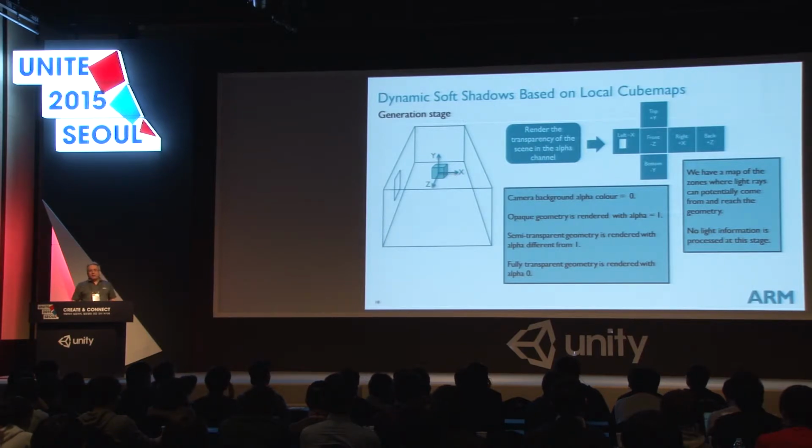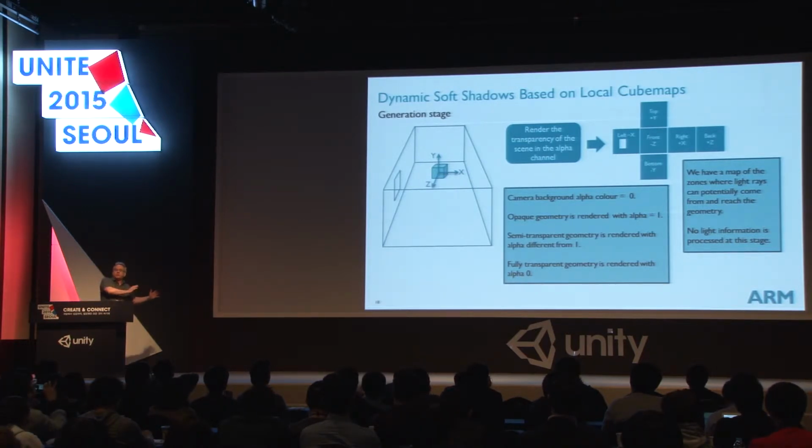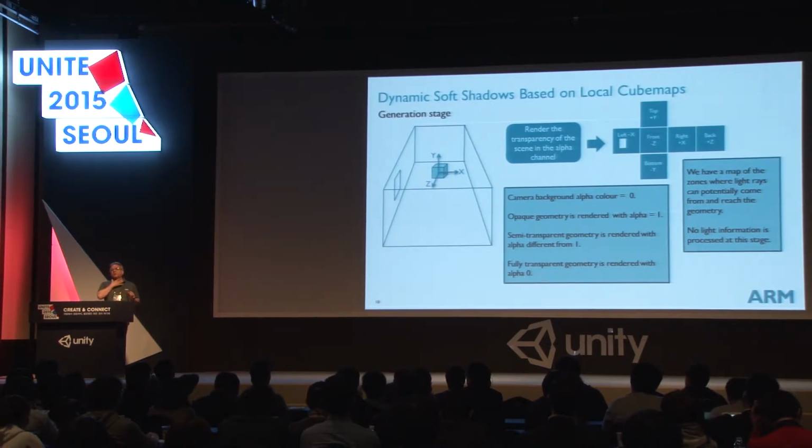The main idea of this technique is divided into two stages. In the first stage, we render into the alpha channel of the cube map the transparency of the scene. We can use the same cube map we use for reflection for shadows, because reflections use the RGB channels, the color channels of the cube map.